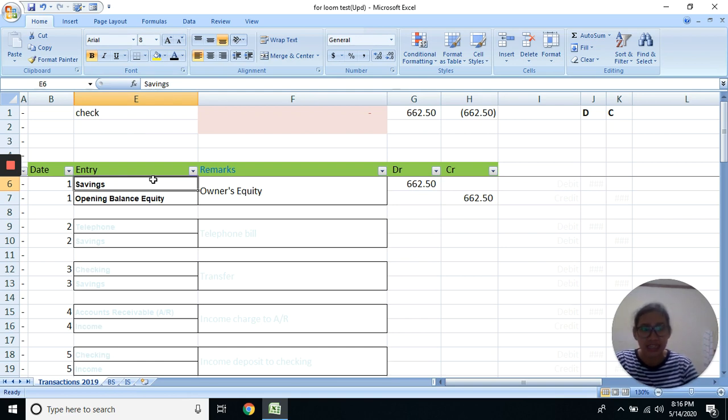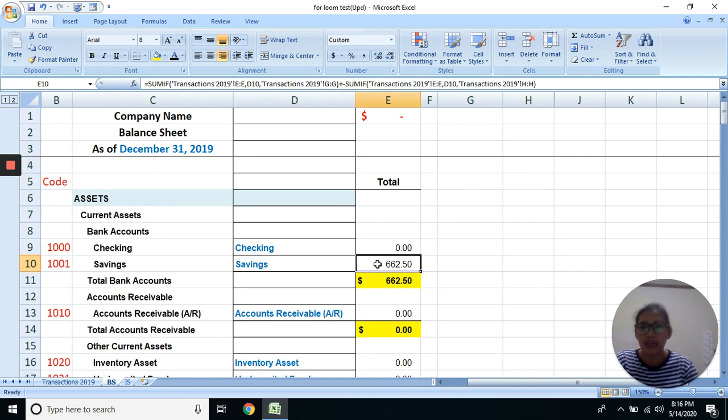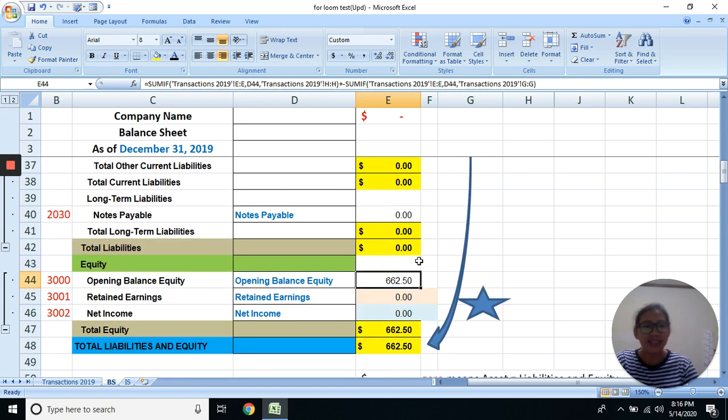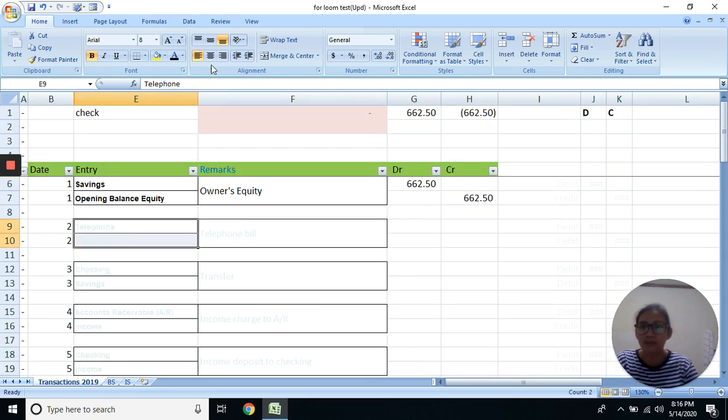We deposited it in our savings account, and our credit is opening balance equity. As we check our balance sheet, the savings account increases by 662.50, and in our equity, opening balance equity increases by 662.50.